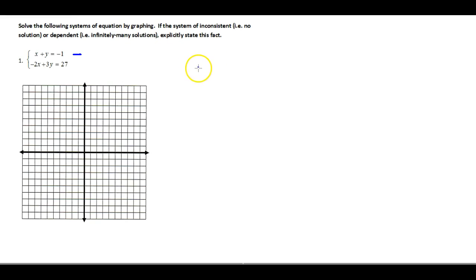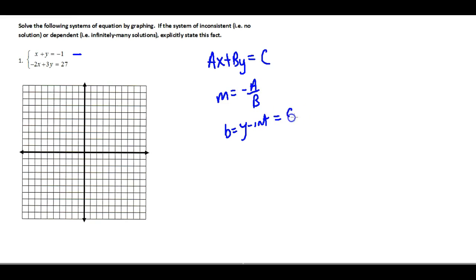-1. So here, if we notice again for the standard form, that slope is minus a over b, and y-intercept is c over b. So for here, we know that both our a and our b will be 1, and our c will be -1.